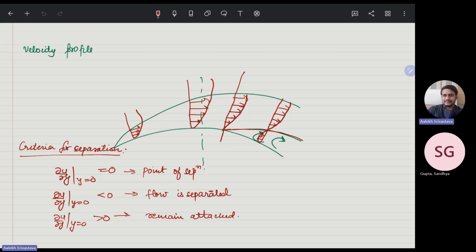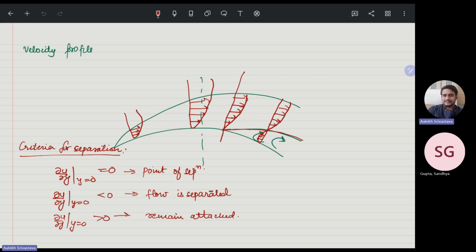Similarly, for all the other profiles, you can get the displacement thickness, the momentum thickness, and then the boundary layer thickness, and everything can be known.